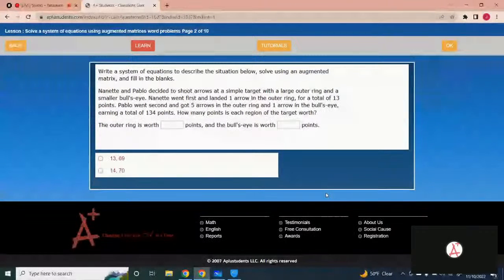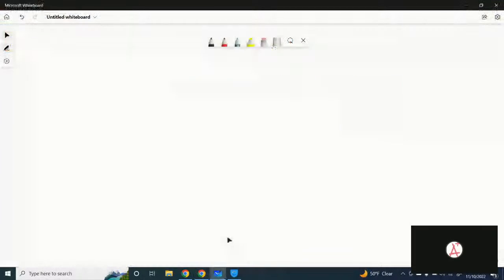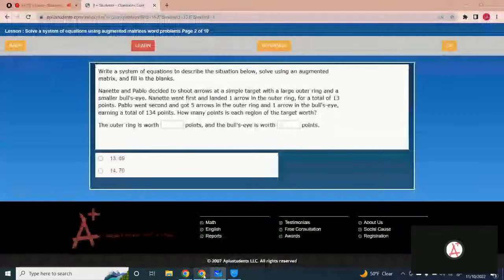So again, you have to use two variables. X is the points awarded for the outer ring and Y is the points awarded for the bull's eye. Got it? Now let me write down the equations.